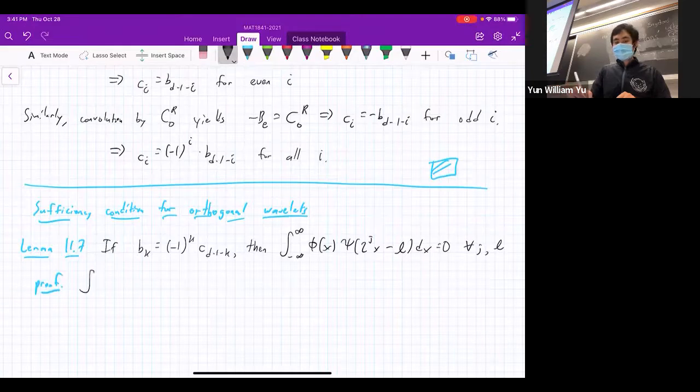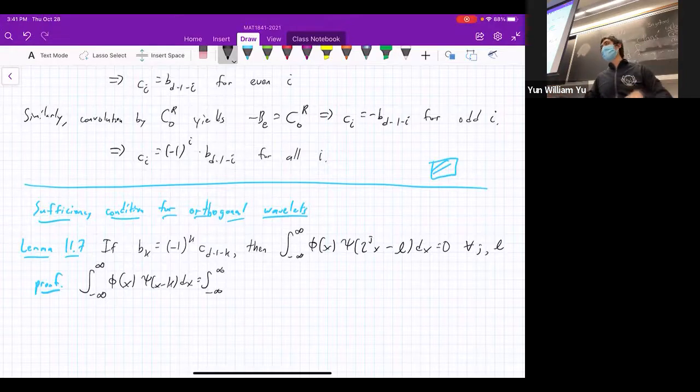We're going to use the same strategy we've been doing every single time. If we have this inner product, we can break it up. Not quite that inner product, we're going to do a simpler one first, where the two are of the same scale. So basically, I'll do a scale function and the scaled versions of the mother wavelet.